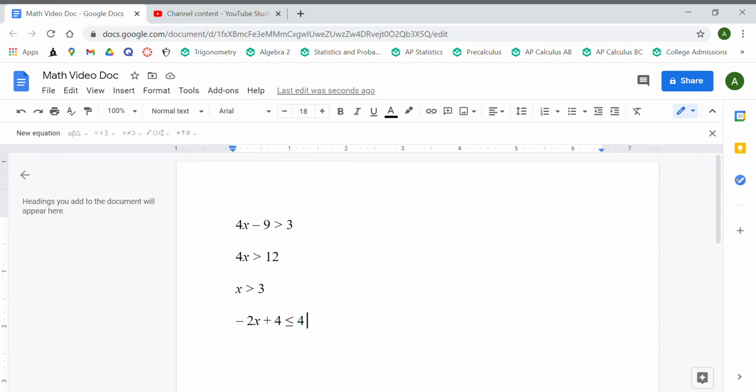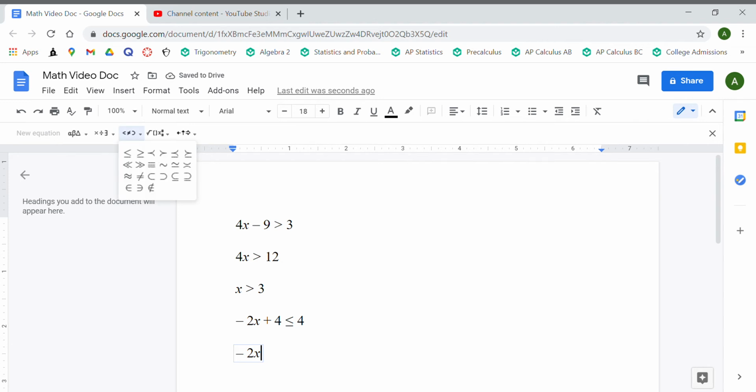Why don't you pause the video and try to work this out by yourself? Alright, so if you didn't get this, then we're going to work through it, okay? Alright, so remember, addition or subtraction first. We have addition here, so we need to subtract 4 on both sides. We should have negative 2x is less than or equal to 0.